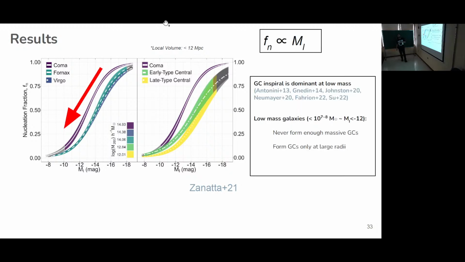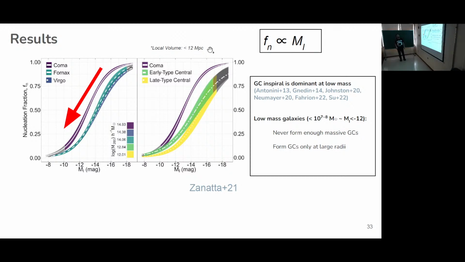This is something very well known in the literature and is credited to the fact that the GC-in-spiral scenario that I showed in the beginning is dominant at low mass, to the point that we almost don't see the part of young populations in those nuclear star clusters.